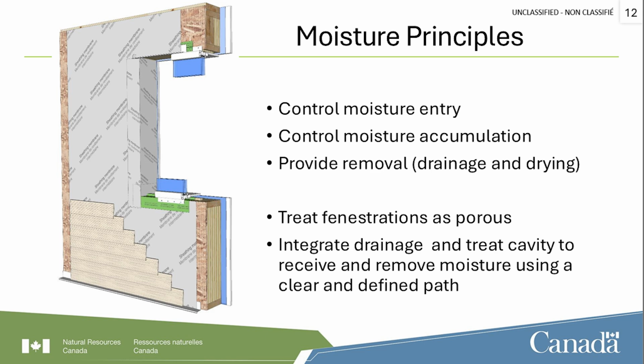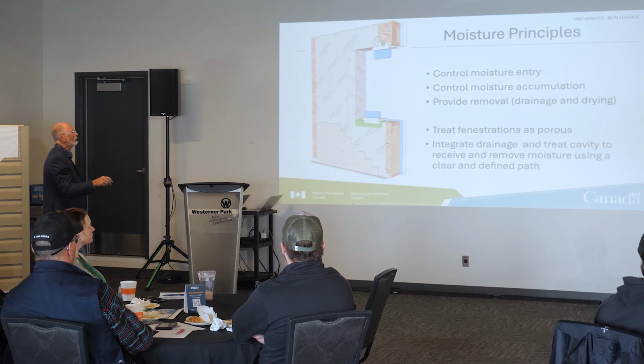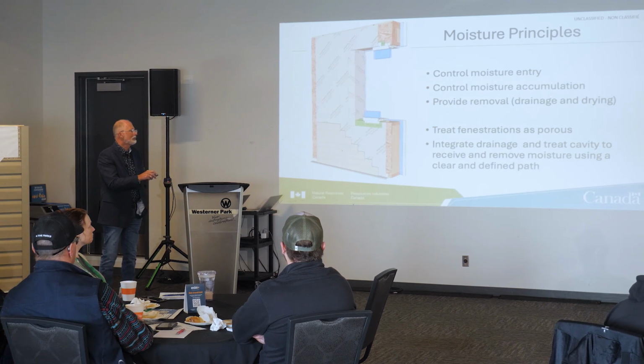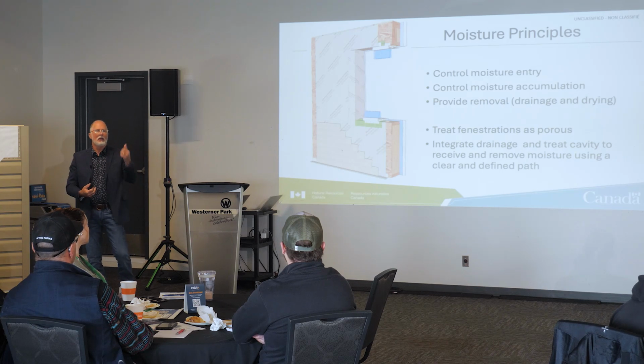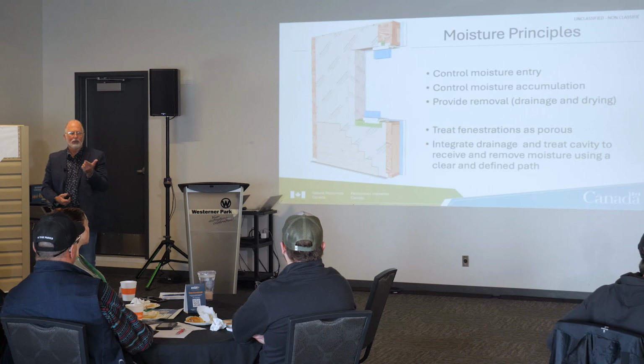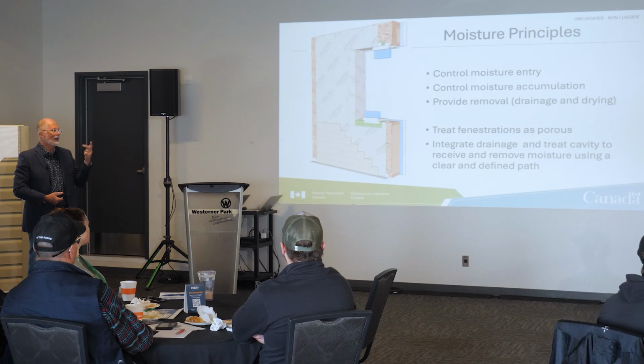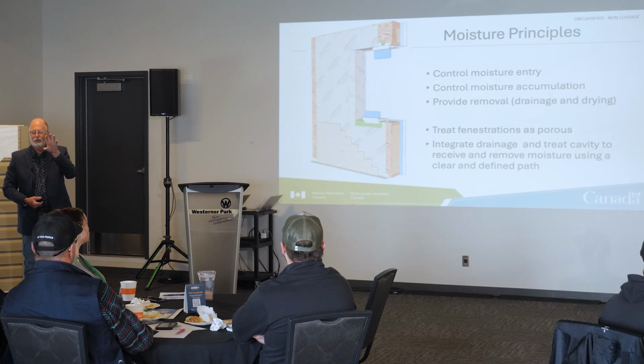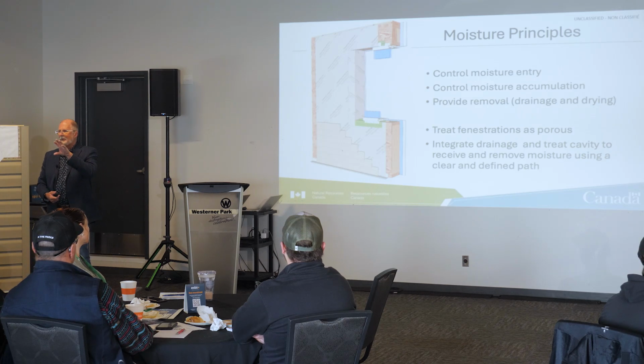So these all work together as a system. So when we're dealing with removing the moisture, the drainage and the drying are the two big ones. So if our system can't control the moisture entry, can't control the accumulation, that third one becomes really critical. So you put a window into an opening, what's the first thing most people want to do?